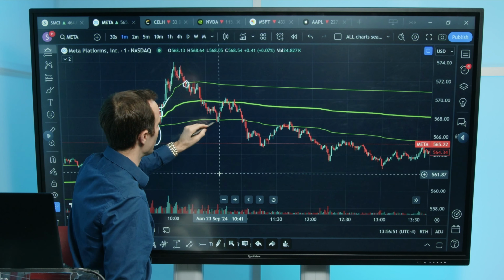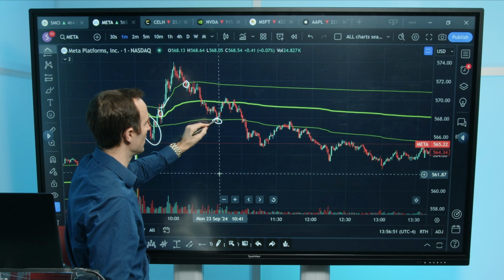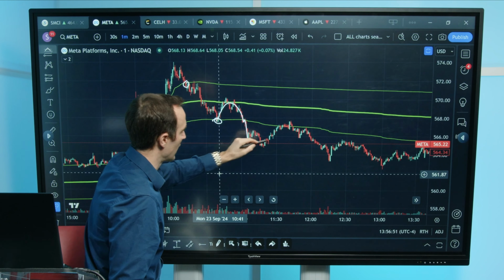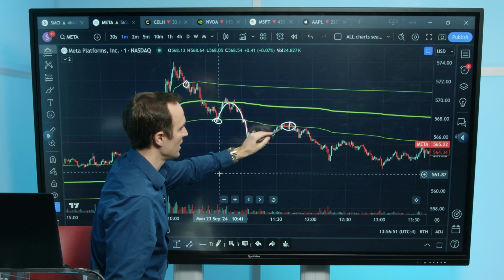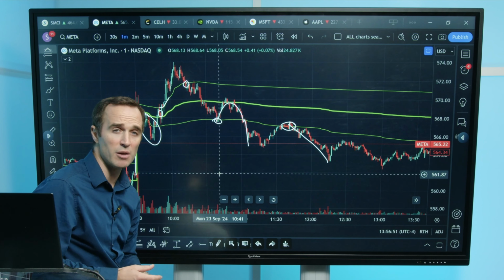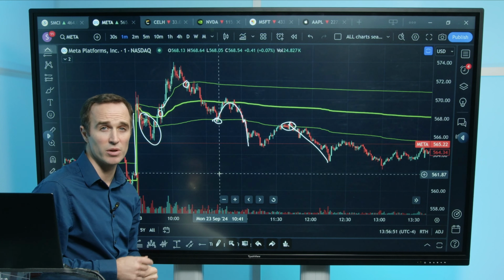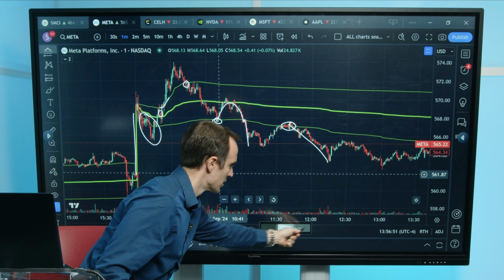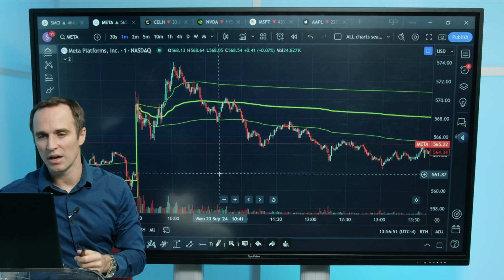You can see here that it pierced this multiplier band here, and then eventually retested it and broke down. Again, retested it here, pierced it, and then continued lower. So really amazing how the multiplier bands can act as support and resistance, both the upper and the lower bands. So really, really amazing to see this.